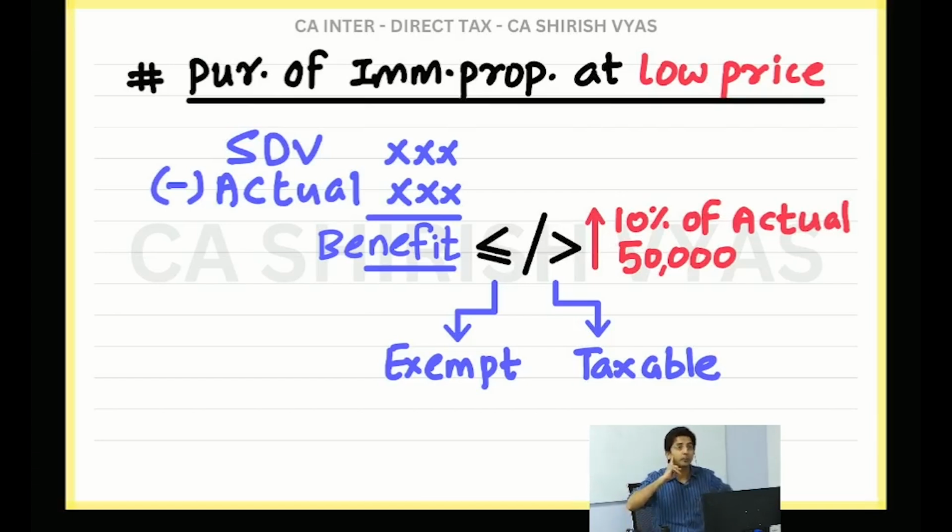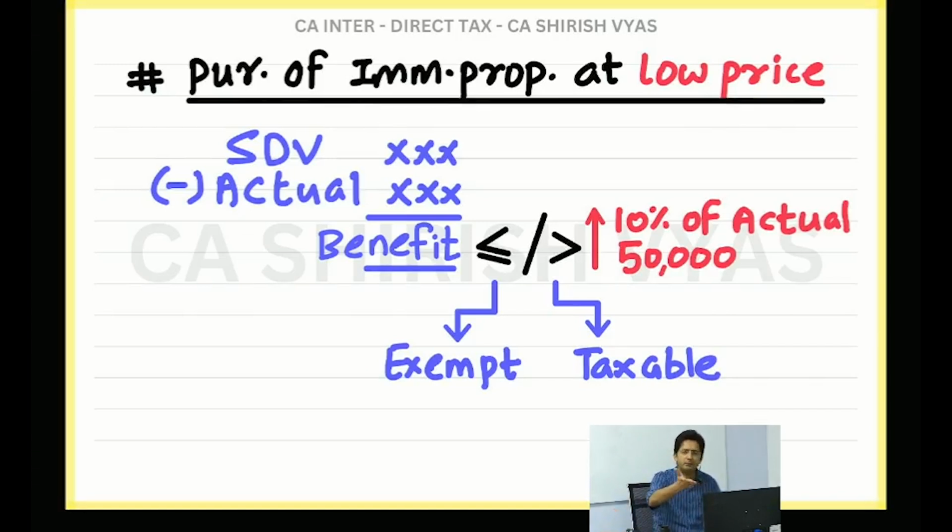See, what was government's original stand? Bigger than 50,000 taxable. But for such big properties, the difference between the market value and the price which you pay, it is bound to be big. Because the properties are not for 1,000 rupees. It is in crores.